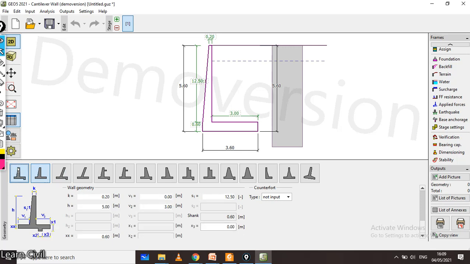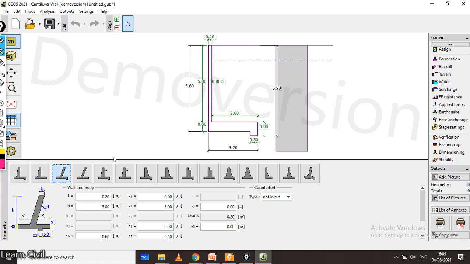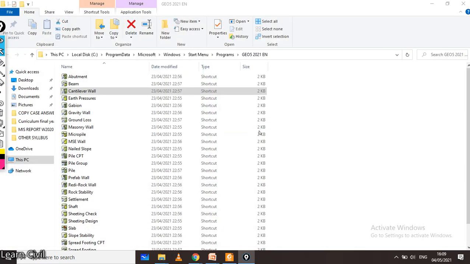So first we can see this type of retaining walls. Just a minute, I'll close this program and start again.